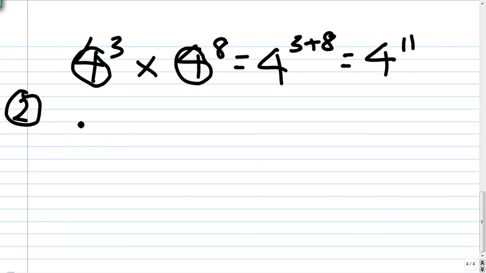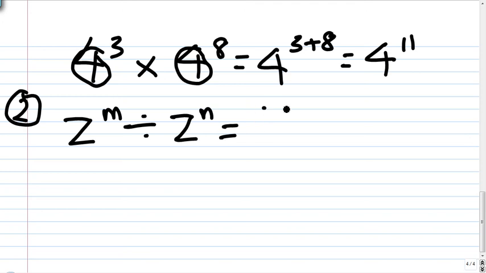Now let's go on to the second rule. If you have z to the power m divided by z to the power n, you can write it like that or as z to the power m over z to the power n. It really makes no difference.